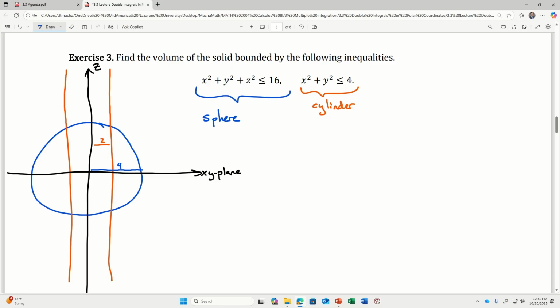So the solid is going to be kind of like an apple core. If I have a spherical apple and I drive a core through it to get rid of the seeds, then the volume of the solid we're talking about is both inside the cylinder and inside the sphere. So it's going to have a rounded top and a rounded bottom, and then the sides would just be like the lateral sides of the cylinder.